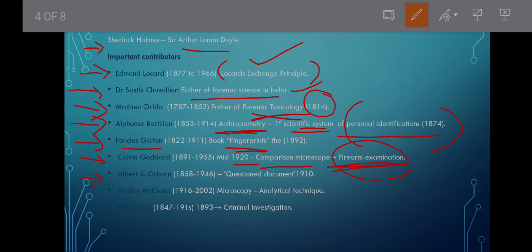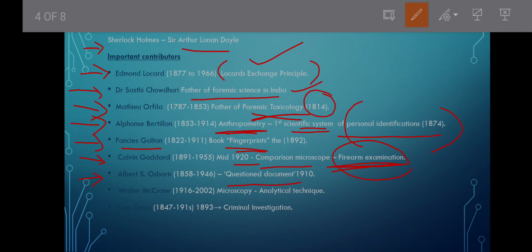Then next we have Sir Albert S. Osborn, from 1858 to 1946. He wrote the book Questioned Documents, and he was known as the father of forensic questioned documents. He documented all his techniques in this book.